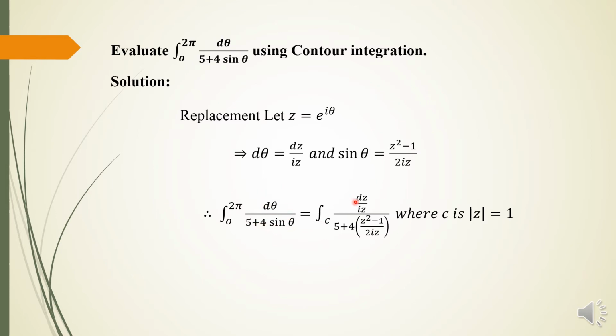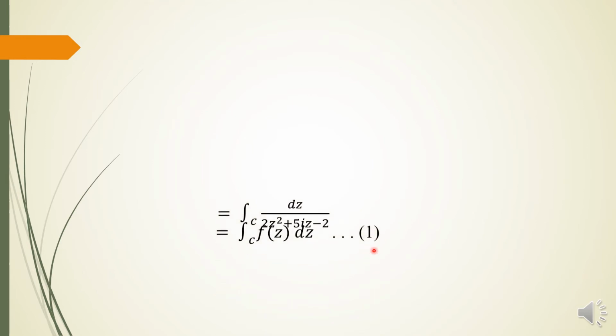Now, giving this substitution, the integral becomes integral over C. In the place of d theta, we give dz by iz, and in the place of sin theta, we replace it by z square minus 1 divided by 2zi, where C is mod z equal to 1. Now, we cancel the 4 and 2 and take the LCM. The LCM is iz, then the first term becomes 5iz.